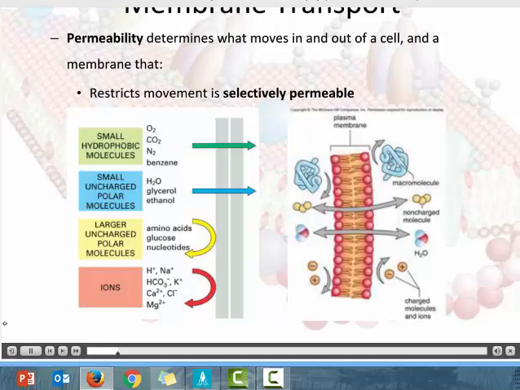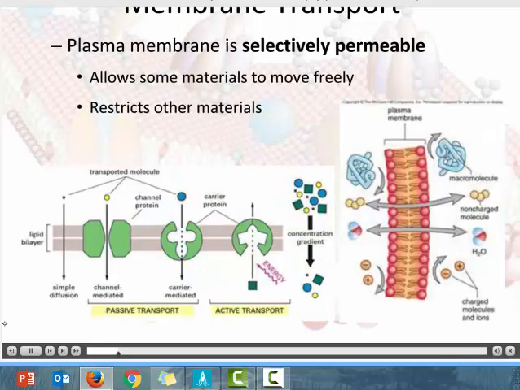Now, as I said, we have a range of permeability throughout our entire body depending on the specific function of that cell. However, the majority of our cells are going to be selectively permeable, and so when we talk about a cell, you can assume that it is going to be selectively permeable, and then we will learn the special cases of cells that are either impermeable or freely permeable.